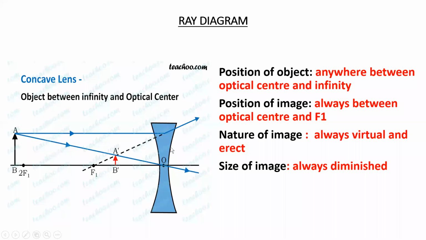So this was the second case. So I have written here always. अगर हम इस object को 2f1 पर डालेंगे then also the image will be formed between O and f1. अगर हम object को रखें f1 और 2f1 के बीच में, in that case also the image will be formed between O and f1.